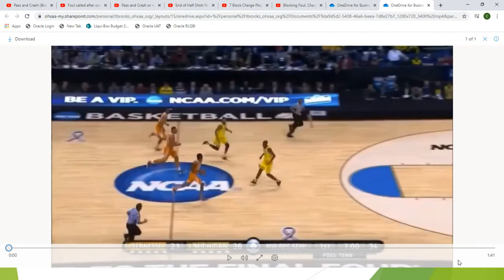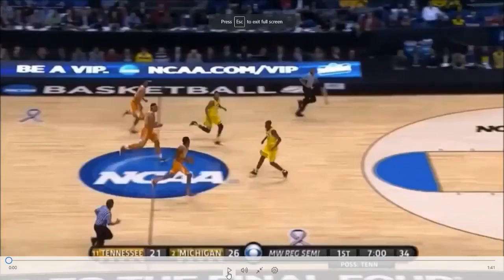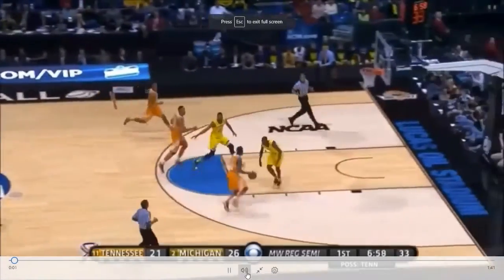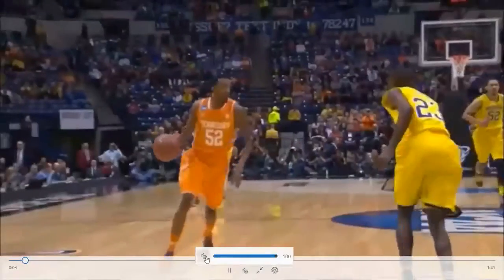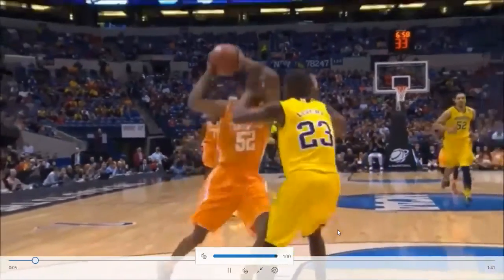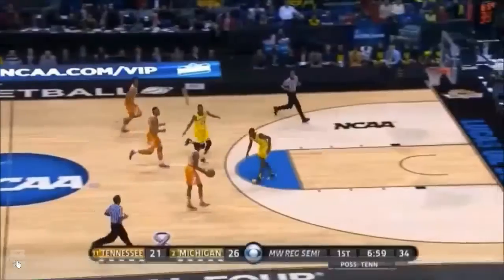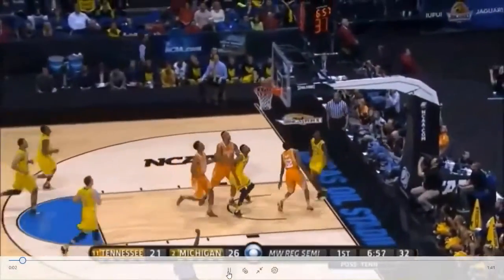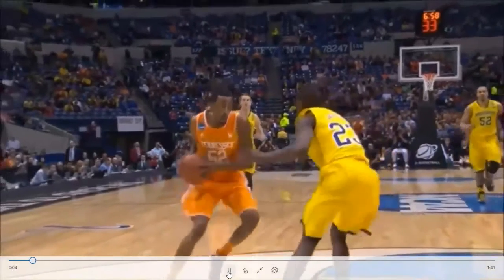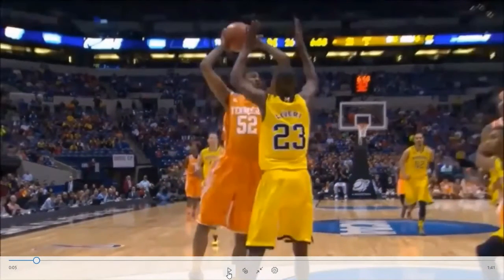All right, next one, Chris. Okay, I think pretty similar here to some of the other plays we've already seen. 23 for Michigan, retreating. Tennessee player leans in, tries to draw the contact, and gets the call.